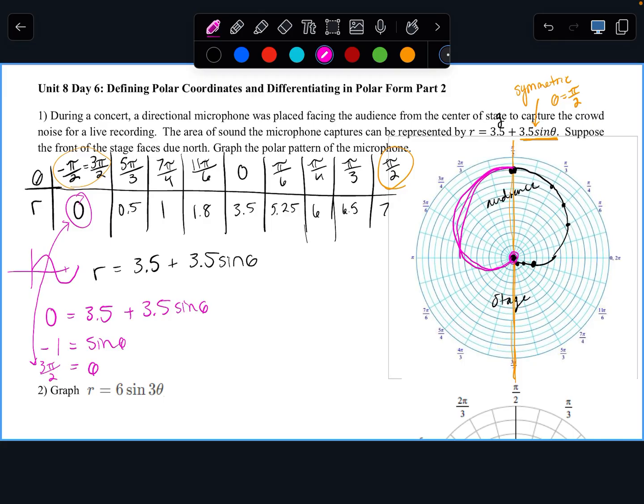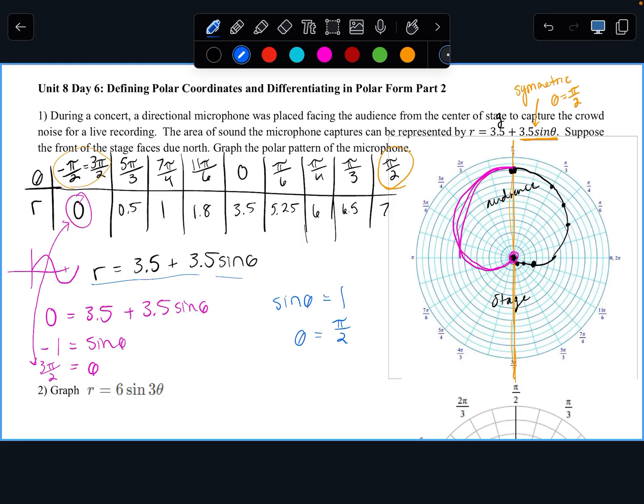Other things that I like to do is figure out when my biggest radius is going to happen. If you're looking at this equation, your biggest radius is when your sine equals 1. So when sine theta equals 1, that's when my radius is the largest, and that's going to be at pi over 2.